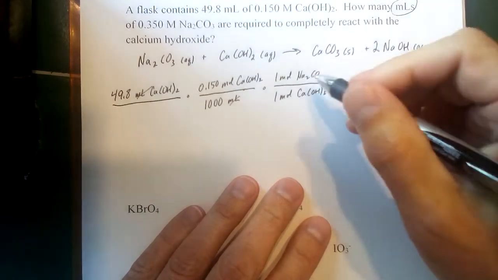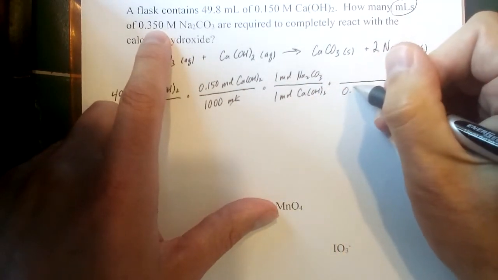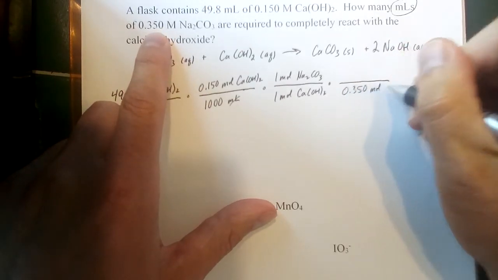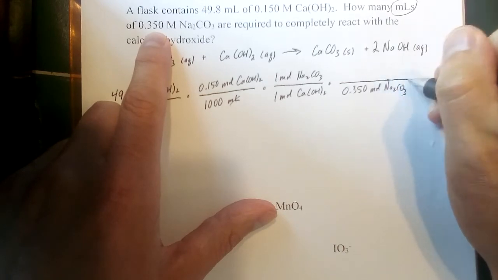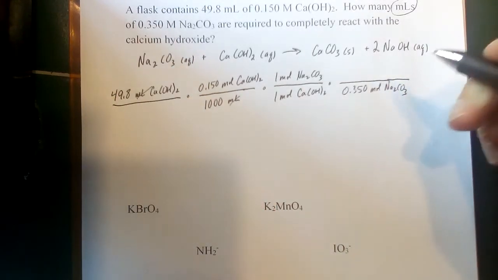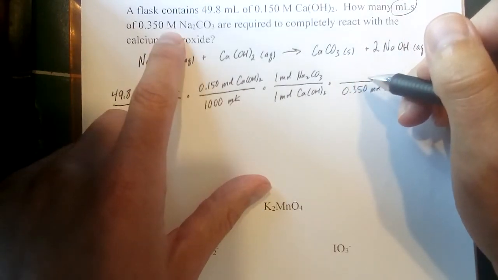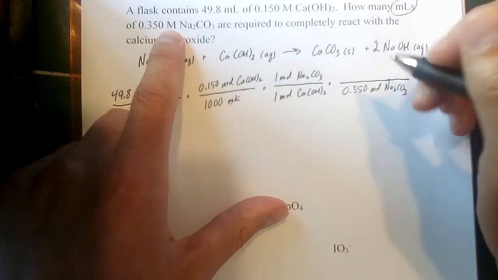Now, in this case, I want the moles of sodium carbonate on the bottom, so I'm going to invert the molarity, and I'm going to put 0.035 moles of sodium carbonate on the bottom of my fraction there because that's what I'm canceling out. And 1 liter of the solution would be what goes on top. Remember, moles per liter here is what's really hidden by that capital M.